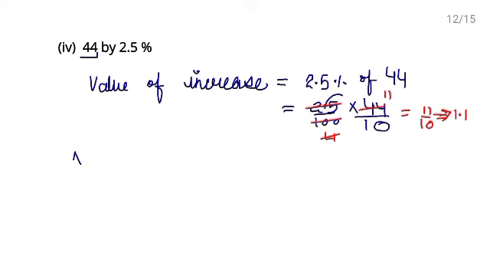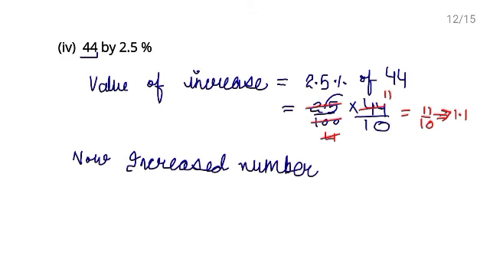Now the increased number will be original number 44 plus the value of increase 1.1, so this is 45.1.